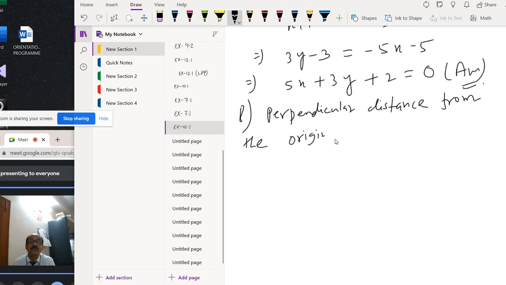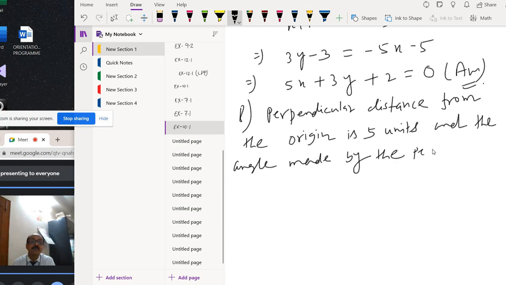The distance from the origin is 5 units, and the angle made by the perpendicular with the positive x-axis is 30 degrees.